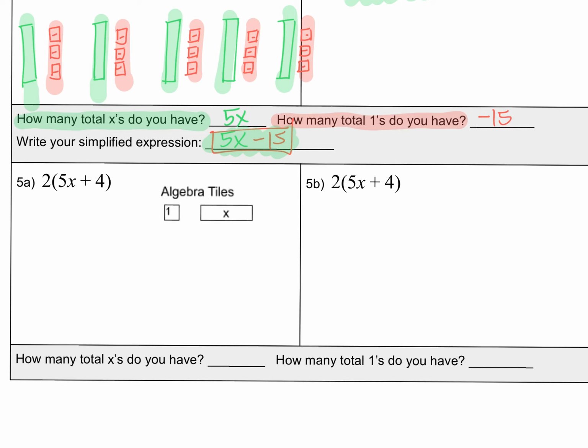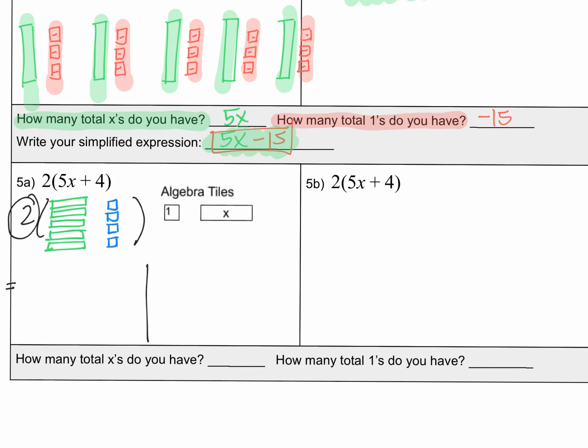In number 5, we have 2 times 5x plus 4. We have 5x pieces and 4 positive 1 pieces. We are supposed to have 2 groups of these.